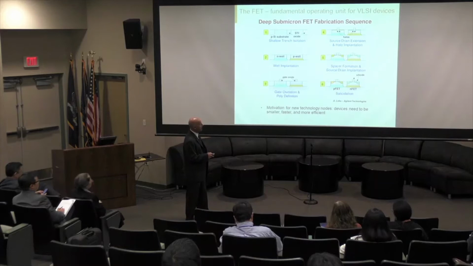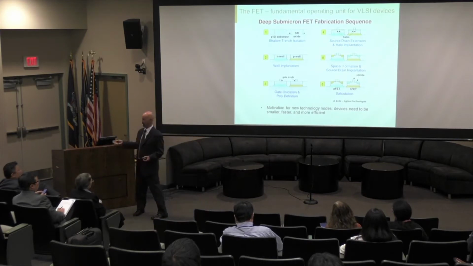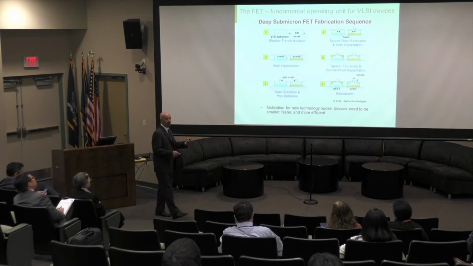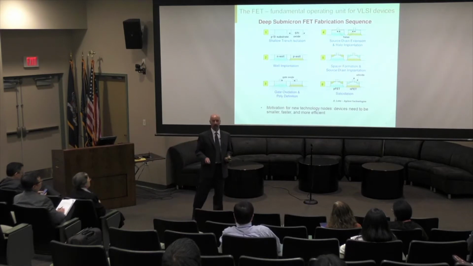And when you put these out in certain circuits and configurations, now you get functional chips, which we're all accustomed to. But the really important steps, or some of the most critical steps, are the implants that form these diffusions here. Because if they're not in the right place, if they're not in the right concentrations, that device may work, but it may not work properly.